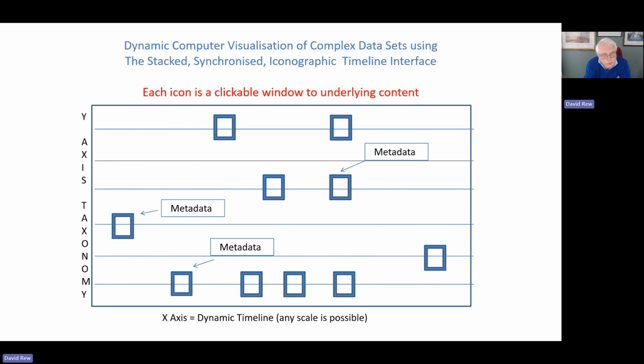We can put them on the timeline as icons, which we can then hover over to give us the metadata describing when the icon was generated, by whom, on what date, and perhaps where, and what subject matter it contains. And then by clicking on the icon, we can open up and access the underlying document.